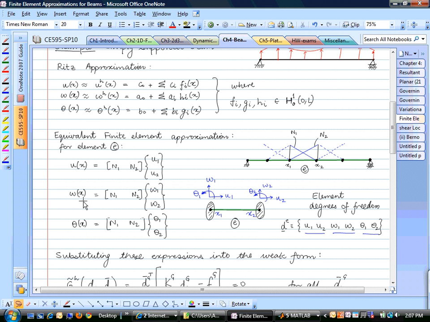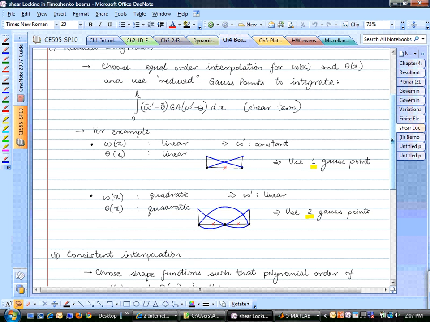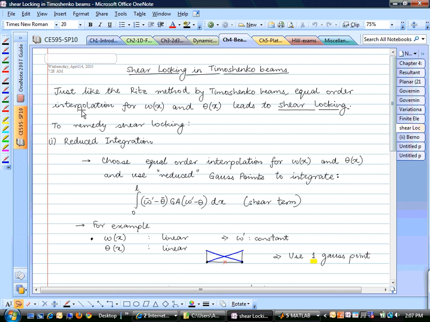We do that so that when we take the derivative of w, it is of the same order as theta. If you use the same order polynomial for w and theta, then it causes some problems, and those problems are called the shear locking problem. So we try to not use w and theta of the same order. We try to use w which is one order higher than theta.